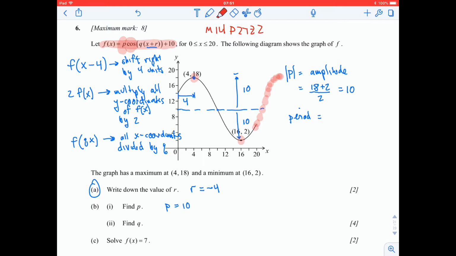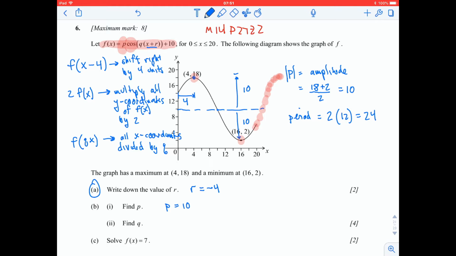So this is half of a period. And that distance is just the distance between 4 and 16. So that's going to be 2 times that distance of 16 minus 4, which is 12, which just means that the period is going to be 24.